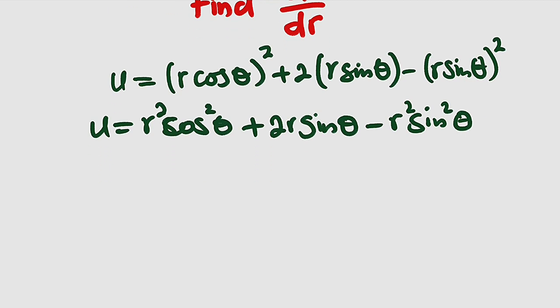So all we have to do is differentiate the function with respect to r, keeping theta constant. So du over dr is now equal to, wherever we have r, we differentiate it.